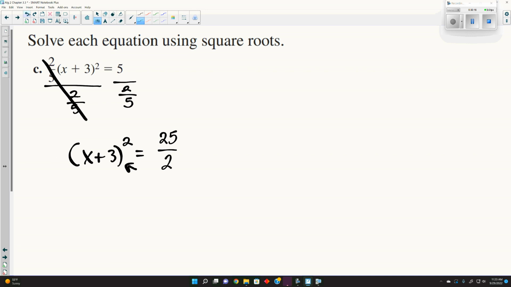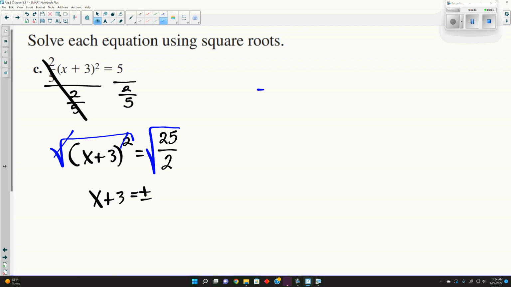I'm more concerned about the parentheses as a whole. And since they are by themselves, we can square root both sides. Because the square root of (x plus 3) squared, these will cancel, leaving us with x plus 3 is equal to plus or minus the square root of 25 over 2.